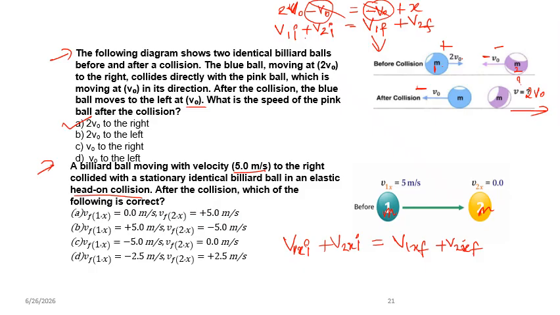So this is the equation. Now what is given? It is 5 plus, this is given, 0. We do not know the values after the collision, but what you can do is get the same total right after collision as before. Look at the first option: when I add these two together, I get exactly 5. So actually this is the correct answer.